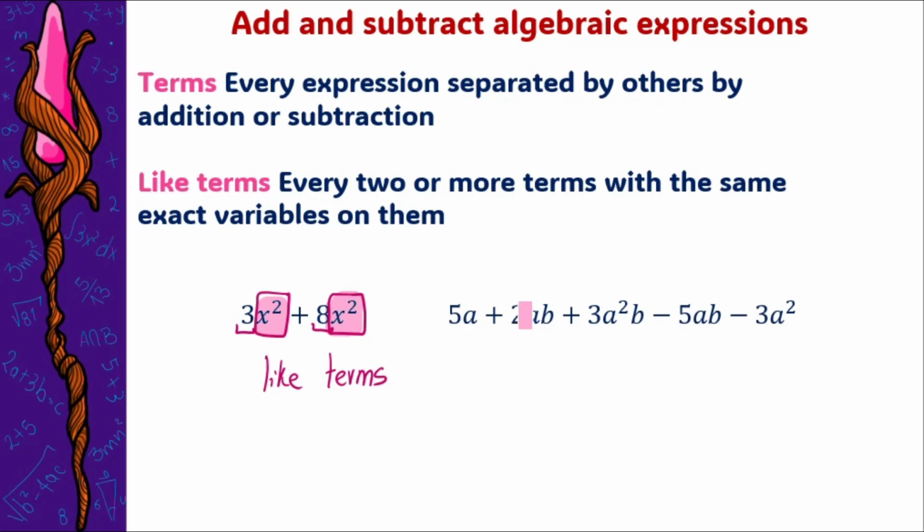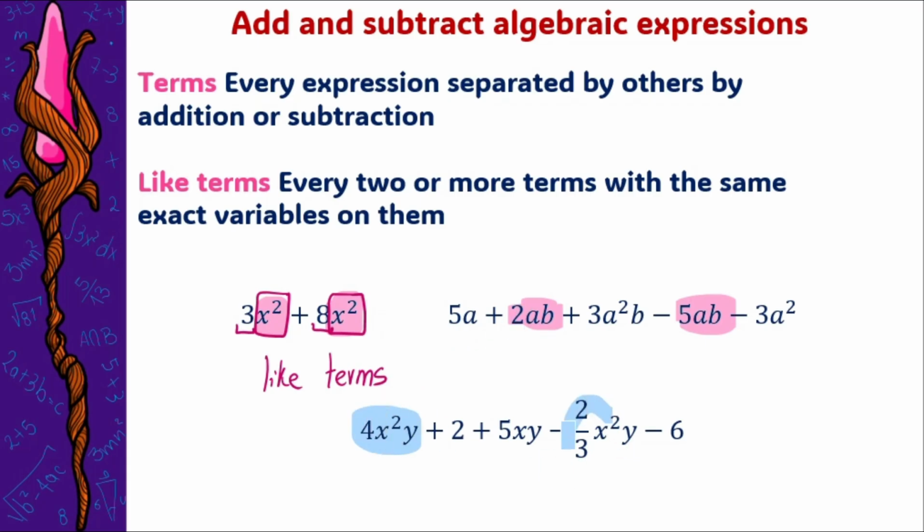Then we can identify that this one and this one are like terms because they both have a and b with no exponents. And in this example, there's no other pair of like terms because this one, for example, has a, but this one has a squared, so they are not like terms. Let's check this last one, x squared y.